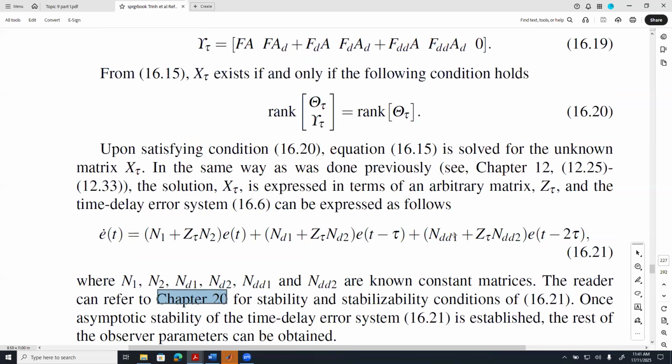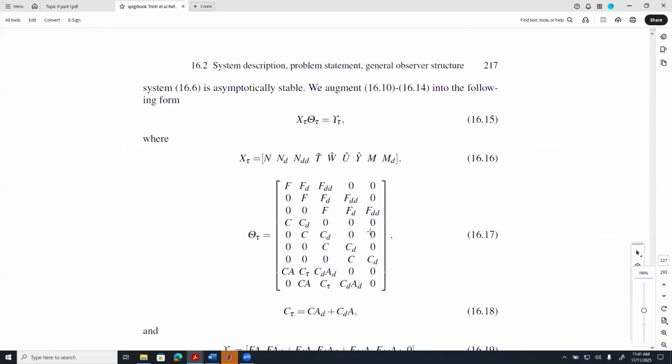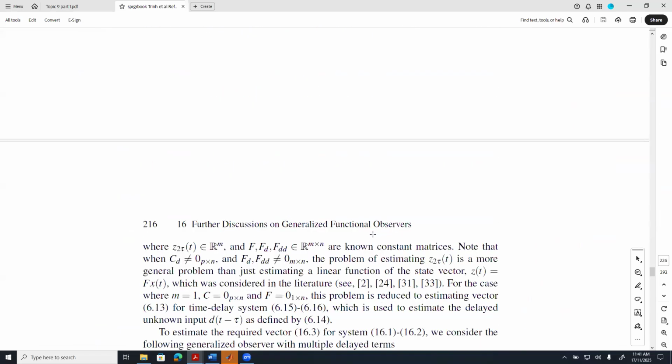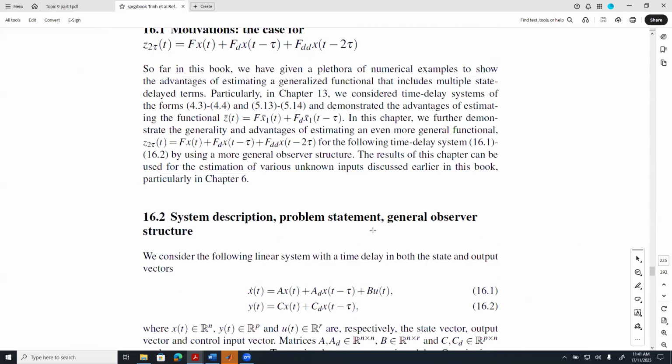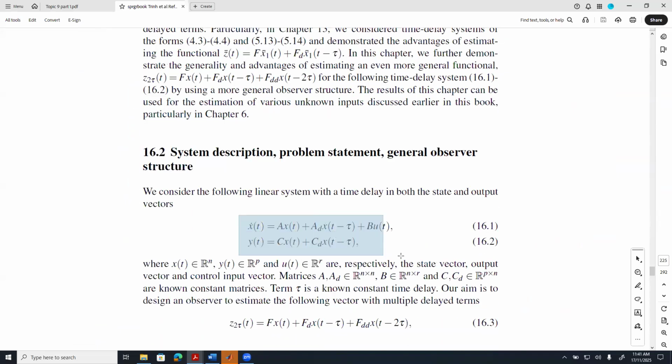So that is basically the highlight, the outline of the approach that we took in dealing with the problem of estimating this generalized functional for this class of time delay system.